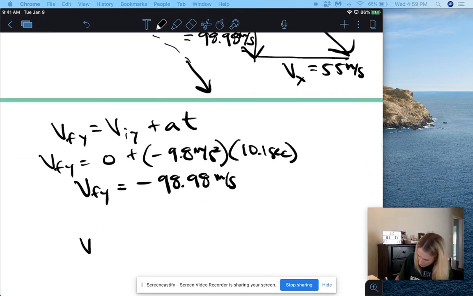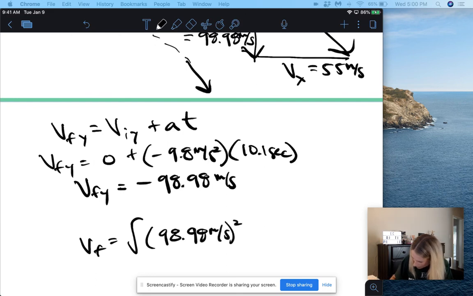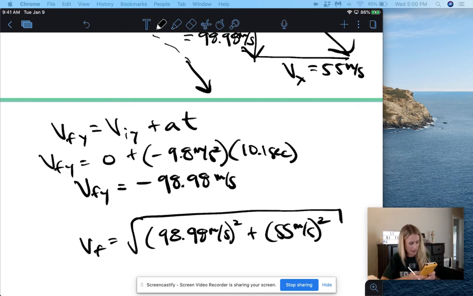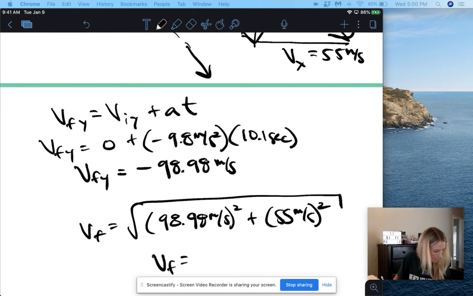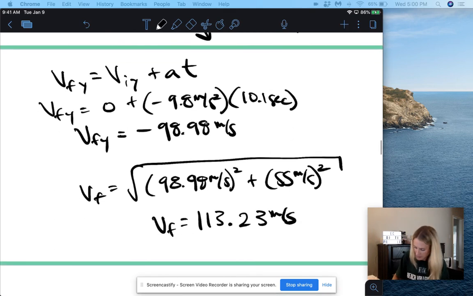So to find the final velocity, we want the square root of that 98.98 meters per second squared plus that 55 meters per second squared. So I get this squared plus 55 squared, and then take the square root of all of that, and we get that our final velocity is 113.23 meters per second. All right.